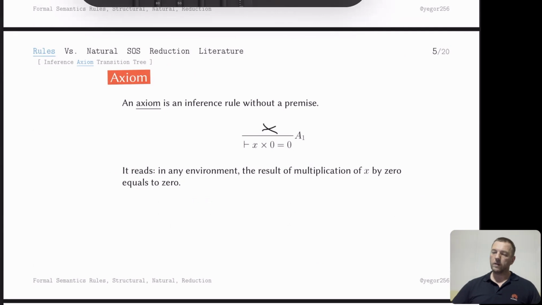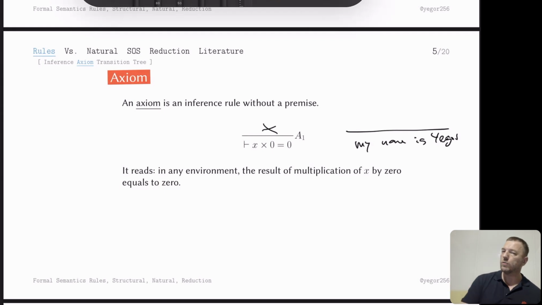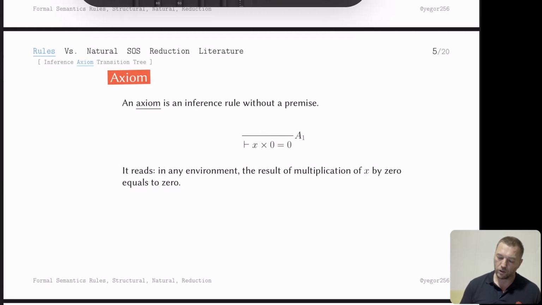So for example, I can say my name is Igor. I don't need any premise for that. That's just a fact which we know for a fact. It's an axiom. Whether I go to the forest or not, that's a different story. That's something which may or may not happen. But this is a 100% fact. So if we have a fact, we just draw it like this, and don't put anything on the top. We can also give it a name.